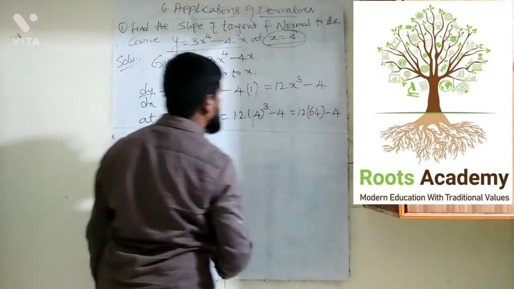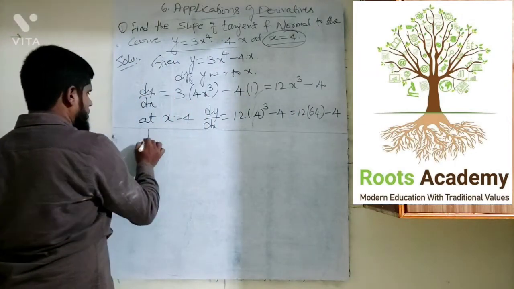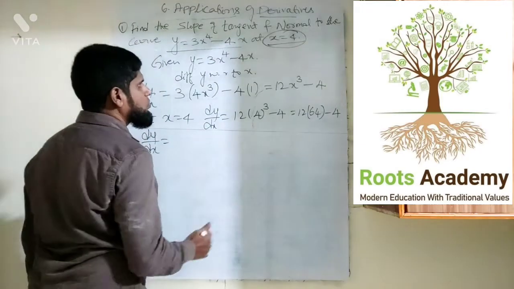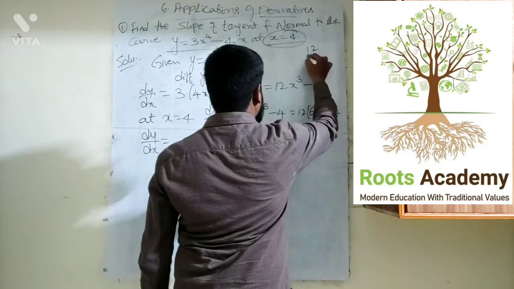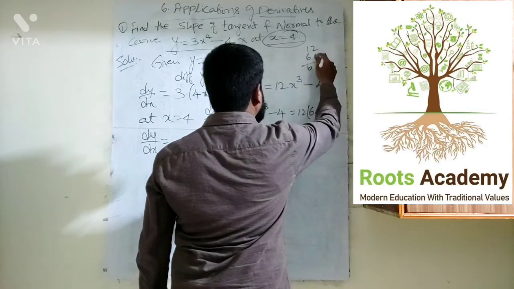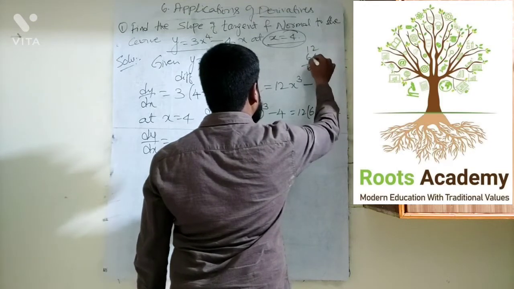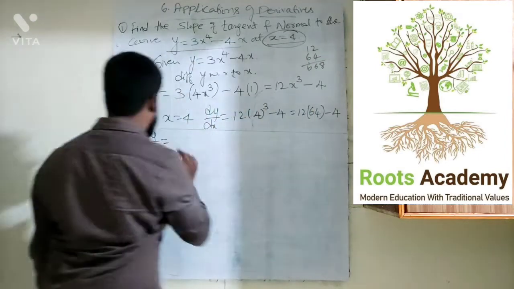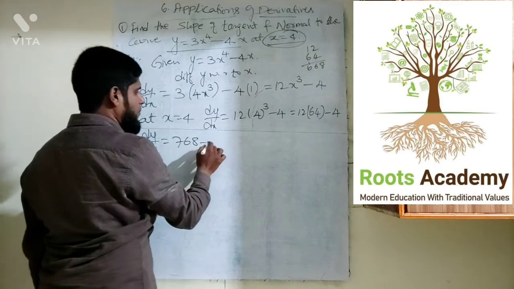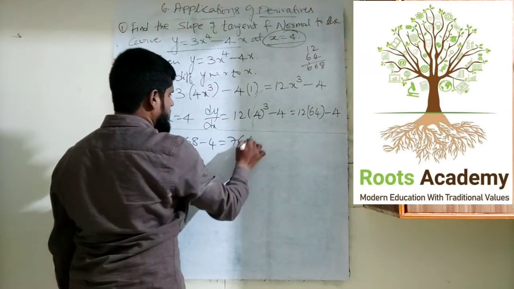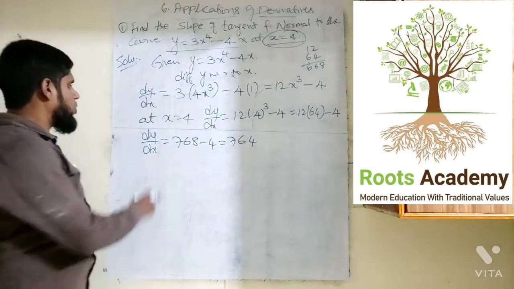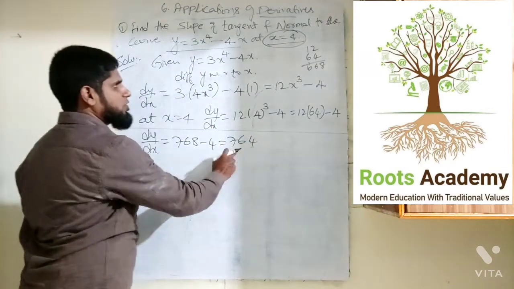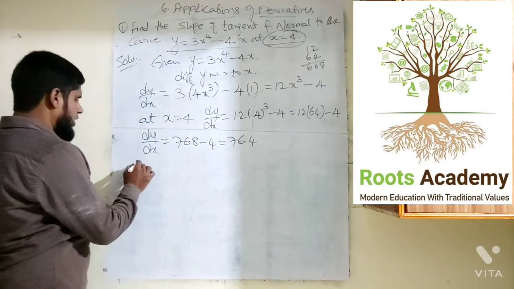So now dy by dx is equal to 12 into 64, 768, minus 4, so it is 764. So our slope of tangent at x is equal to 4 is 764.